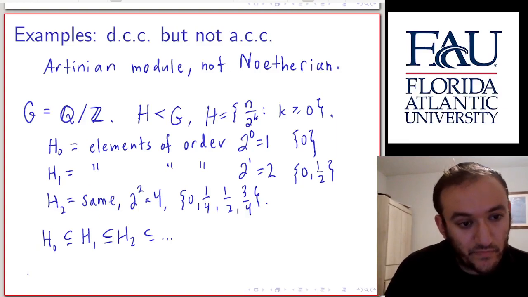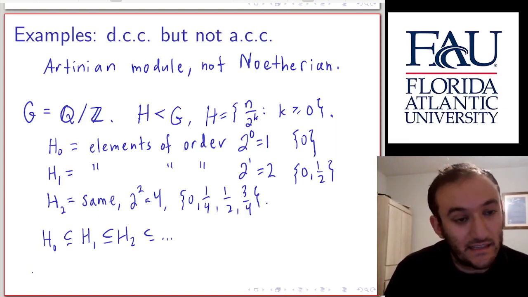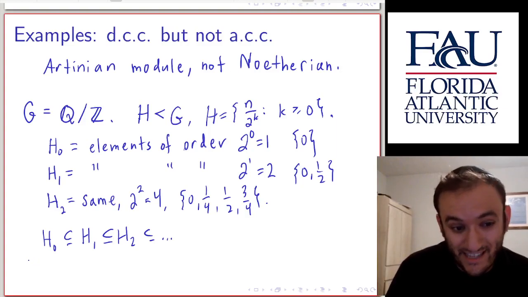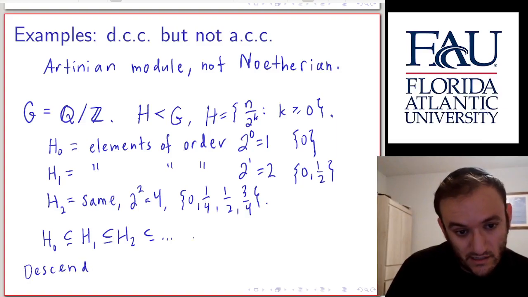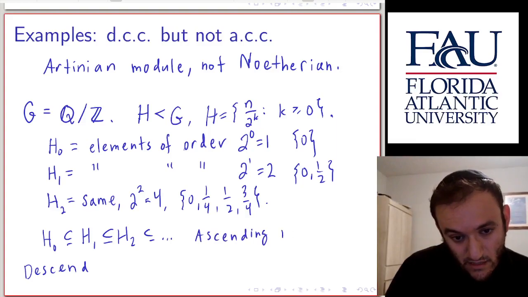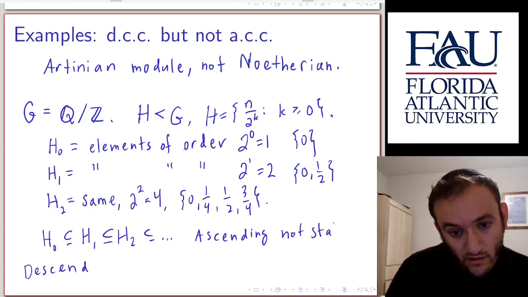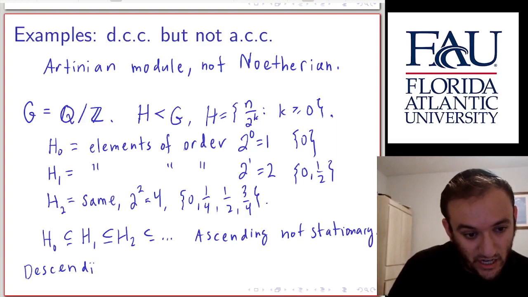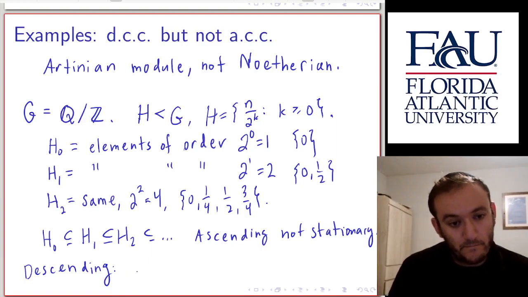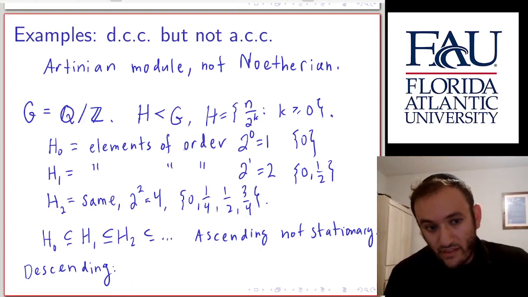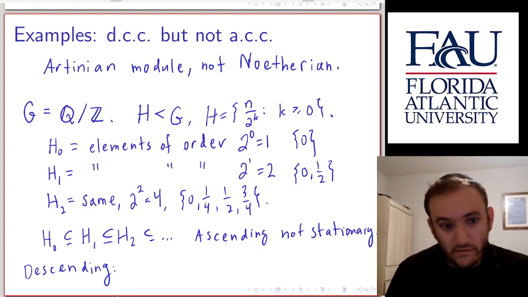On the other hand, the descending chain condition is satisfied. So this is an ascending chain which does not stabilize, so not stationary. If you wanted to find a descending chain which didn't stabilize, we'd have to start with a submodule, and that would look like one of these, because it's going to be generated by a fraction with some denominator.